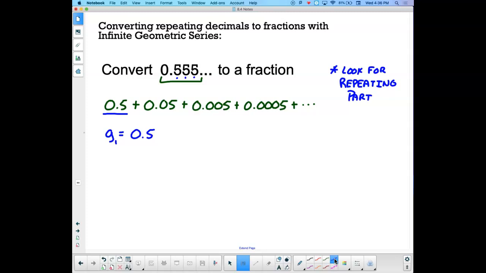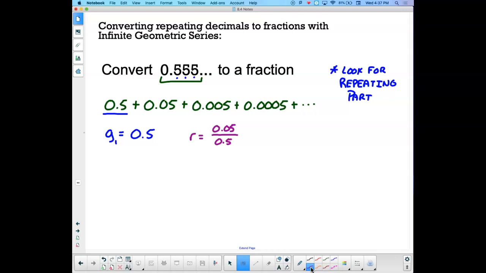Then we can find our r value. Like we've been doing for a week, take any term and divide it by the term right before it.